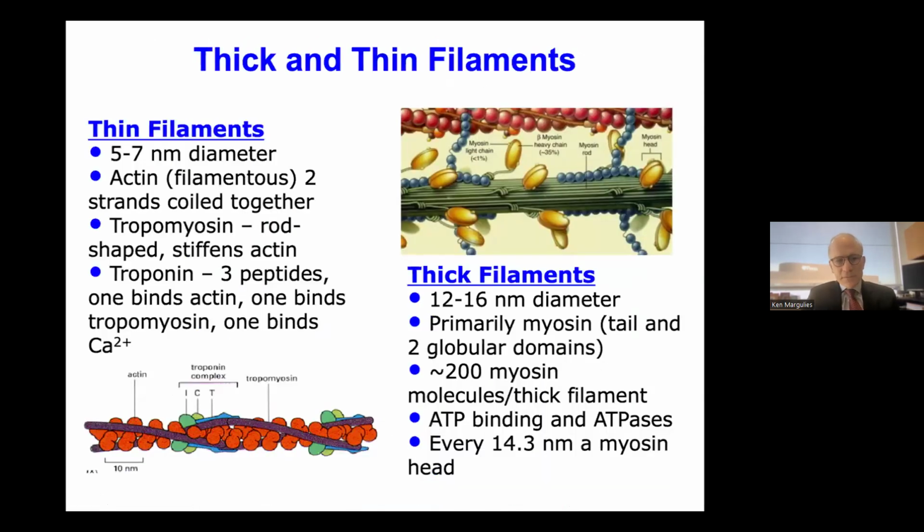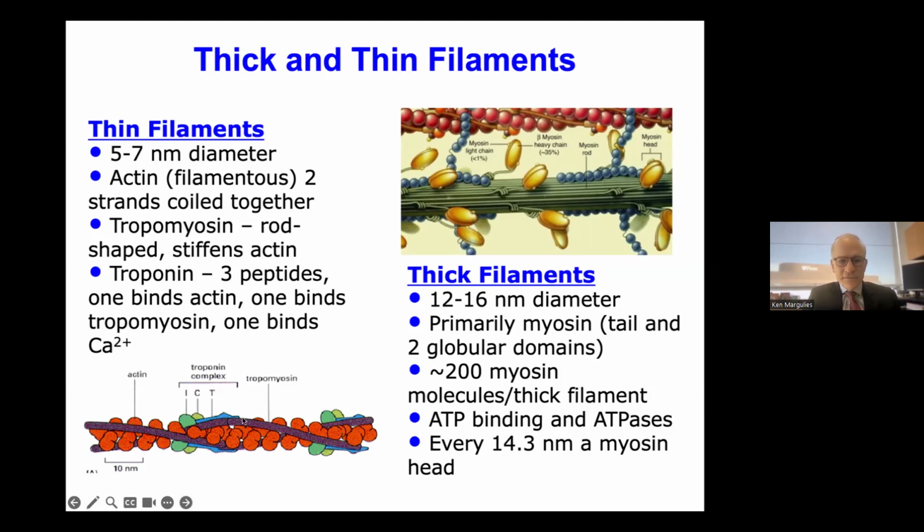And so now it's available to activate the myofilaments. I want to remind you that the myofilaments are mostly comprised of thin filaments and thick filaments. The thin filaments are thin, 5 to 7 nanometers in diameter, comprised mostly of actin, 2 strands coiled together, as shown down here, but also tropomyosin, a rod which tends to stiffen actin and also tends to either reveal or hide the actin binding sites for myosin.